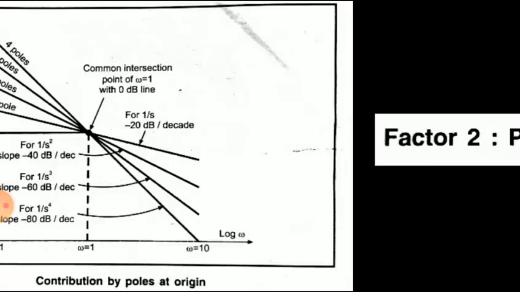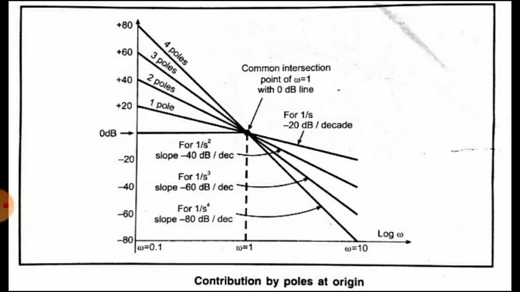Then poles and zeros at the origin. This is the contribution by poles at the origin. The magnitude plot for p poles at the origin gives a family of lines passing through the intersection of omega equal to 1 and the 0 dB line, having slope minus 20 times p, p being the number of poles, dB per decade.